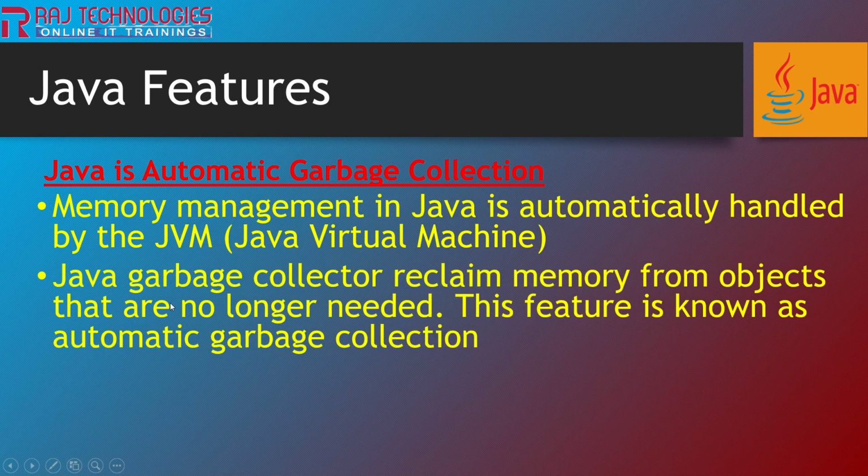The Java garbage collector reclaims memory from objects that are no longer needed. So once we allocate memory for objects, if that object is no longer needed, it will be destructed automatically. This feature is known as automatic garbage collection.